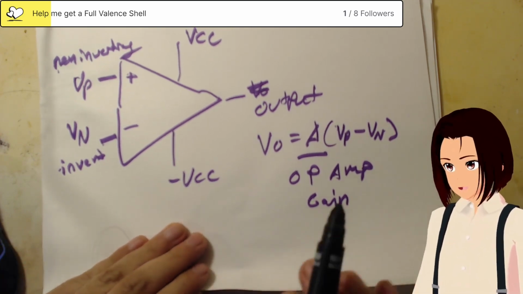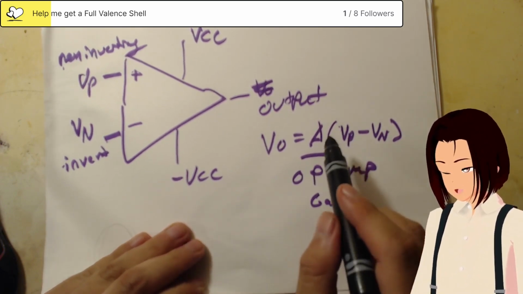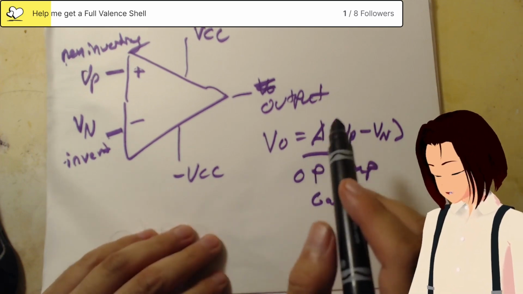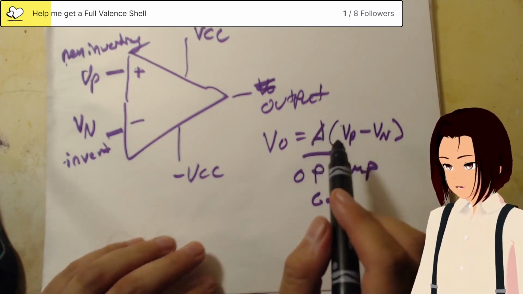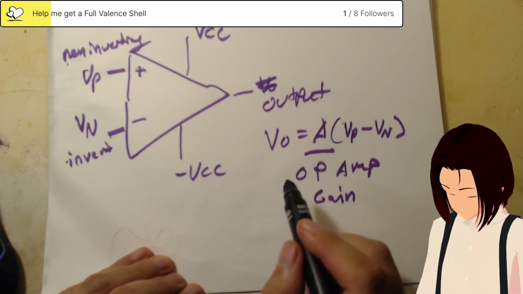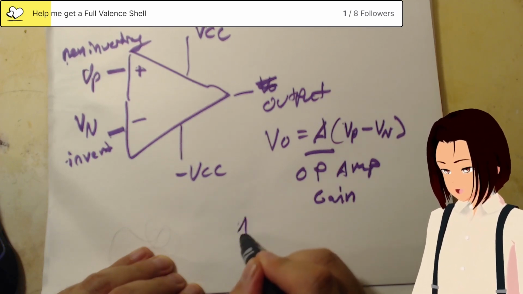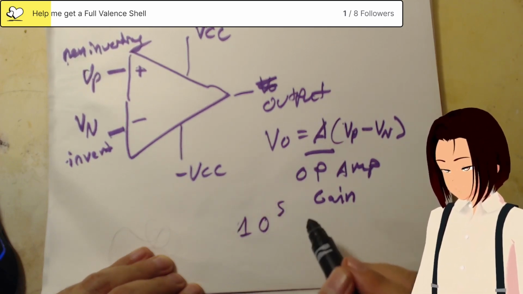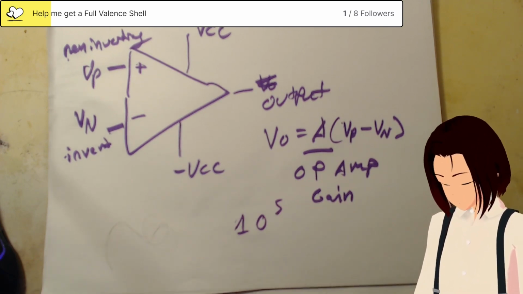But this is important, because one of the things about this output is that this open loop gain is really big. I don't think it has a unit. It's unitless. The lower side of the gain is probably this big, and it's usually bigger than that.